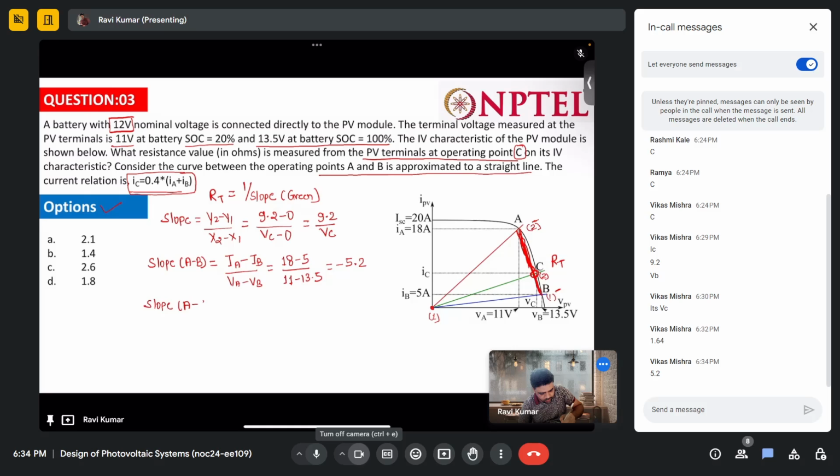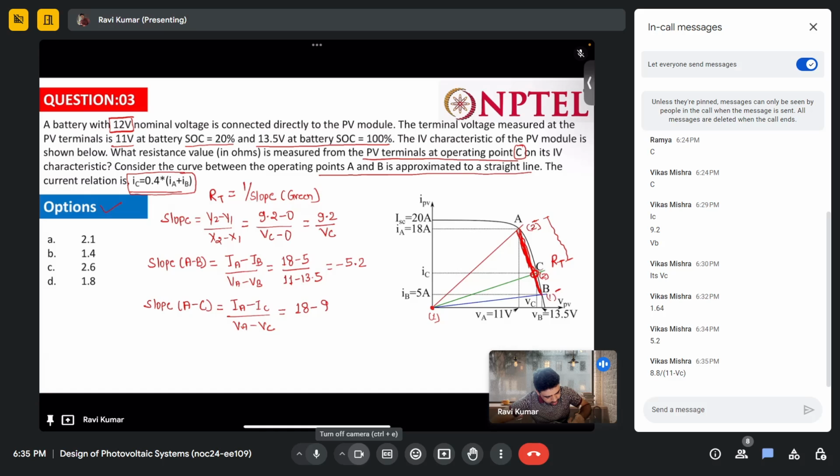Okay. Now what is the slope of AC? Slope of AC. Same thing: IA minus IC over VA minus VC equals to, what is the value of IA? 18 minus what is the value of IC?